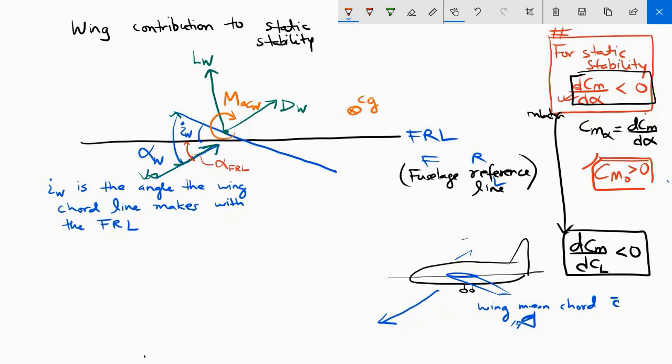The vertical displacement of the center of gravity from the fuselage reference line, this distance, is labeled as ZCG. So ZCG is the vertical displacement of the center of gravity.